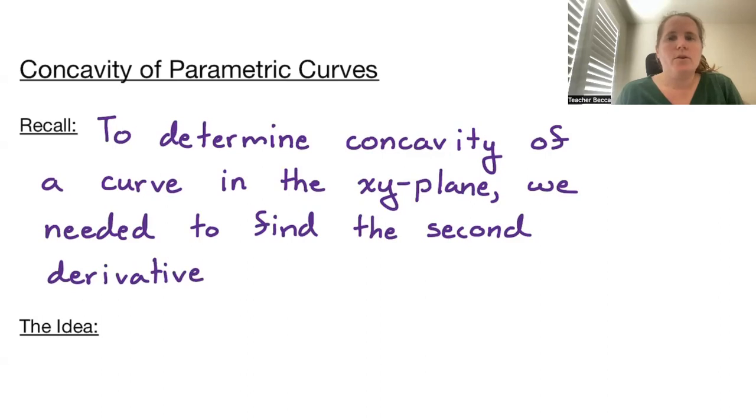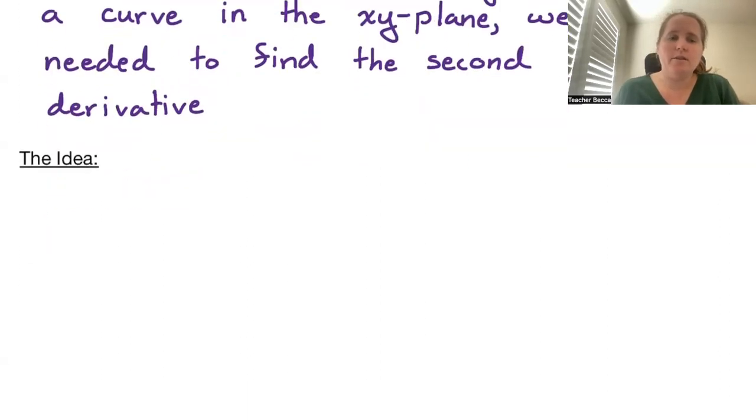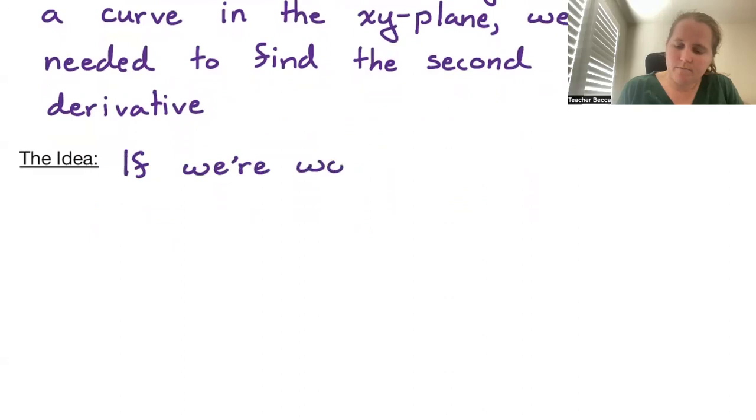Right? So the general idea with parametric curves is we also need to find, sorry, not dy dx, the second derivative, d squared y dx squared.